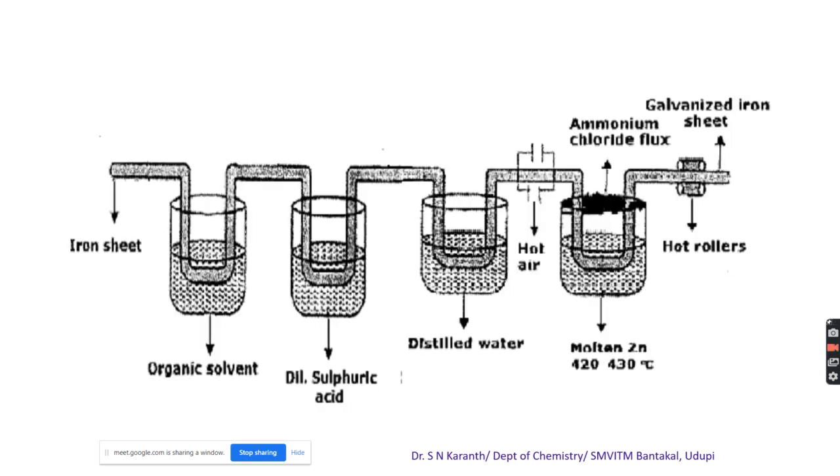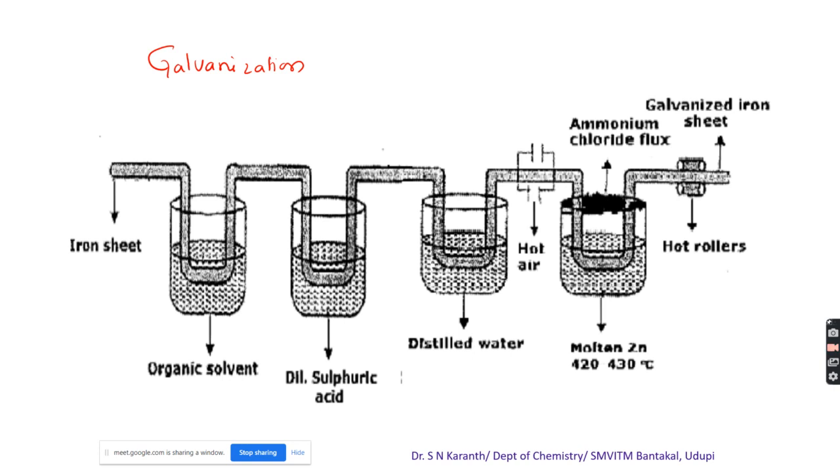Then how do we carry out this process? You may observe the pictorial representation of the process. I'll use some iron sheet. Usually this process is carried out at the final stage of the manufacturing process. In any metal coating process, before carrying out the coating, the metal should be properly treated, which we call pre-treatment.